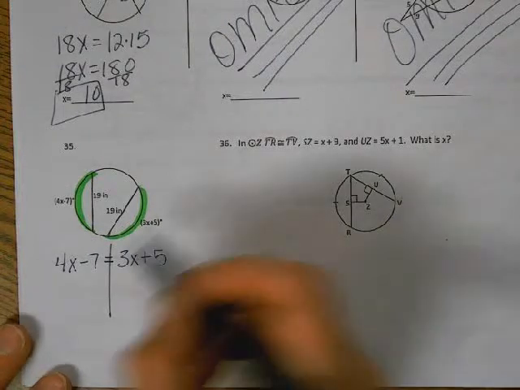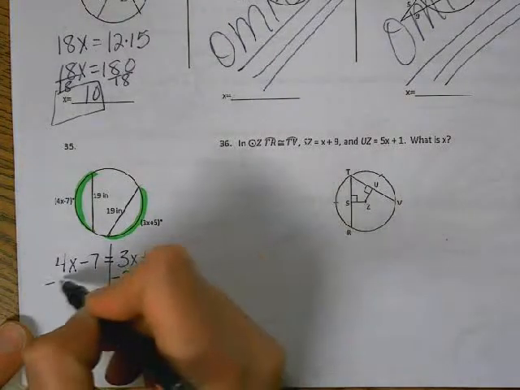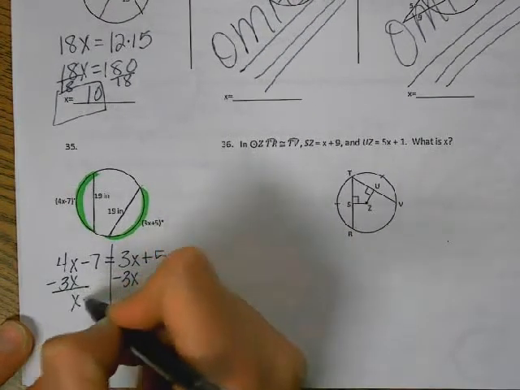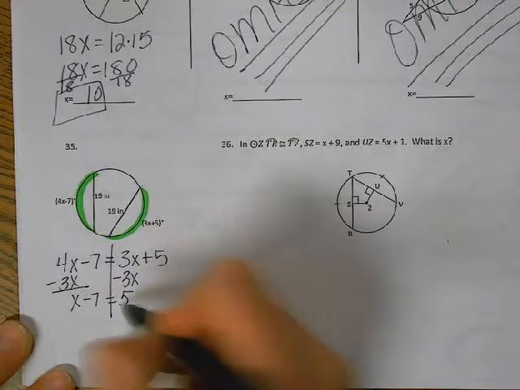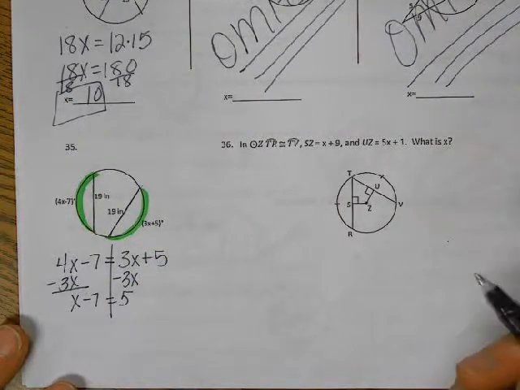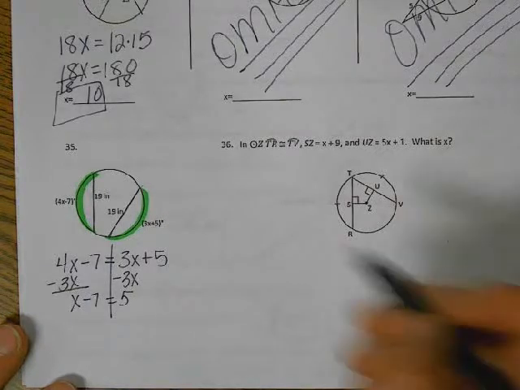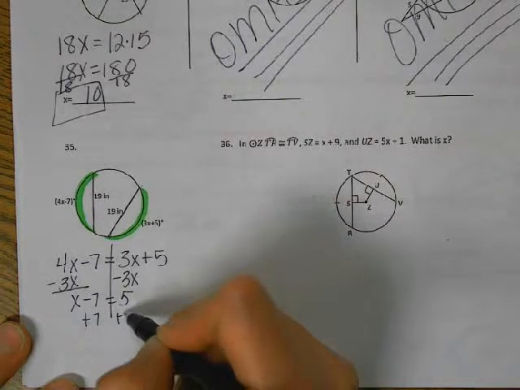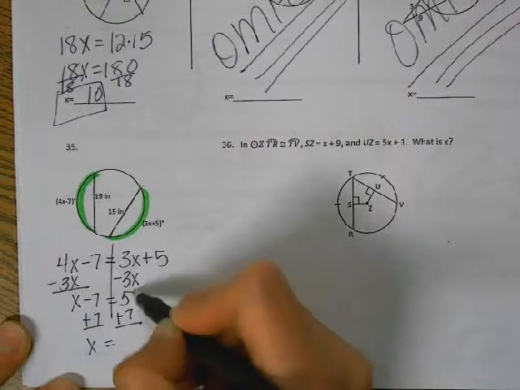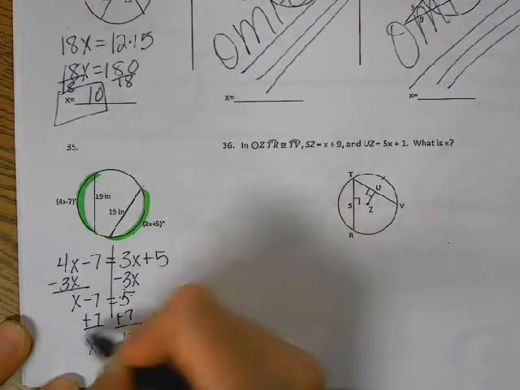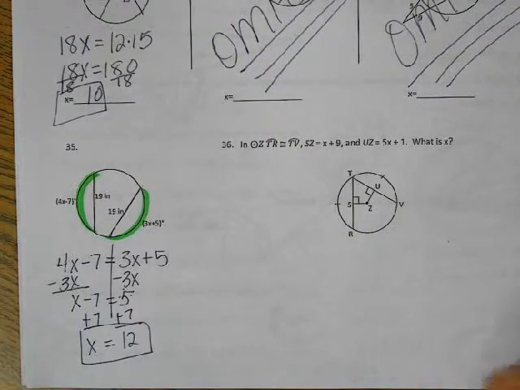And then go ahead and subtract x from both sides. x minus 7 equals 5. And then to finish solving, add 7 to both sides. So x equals 12. Okay.